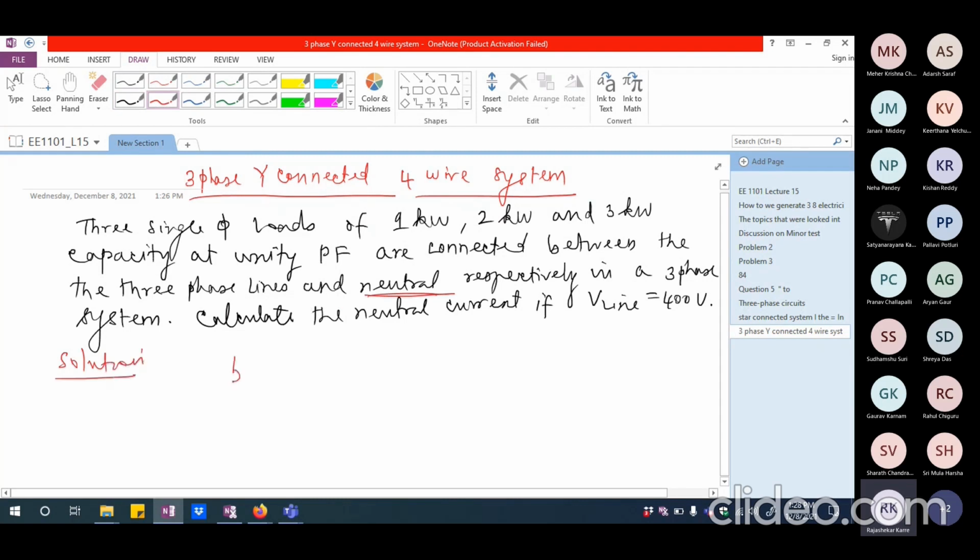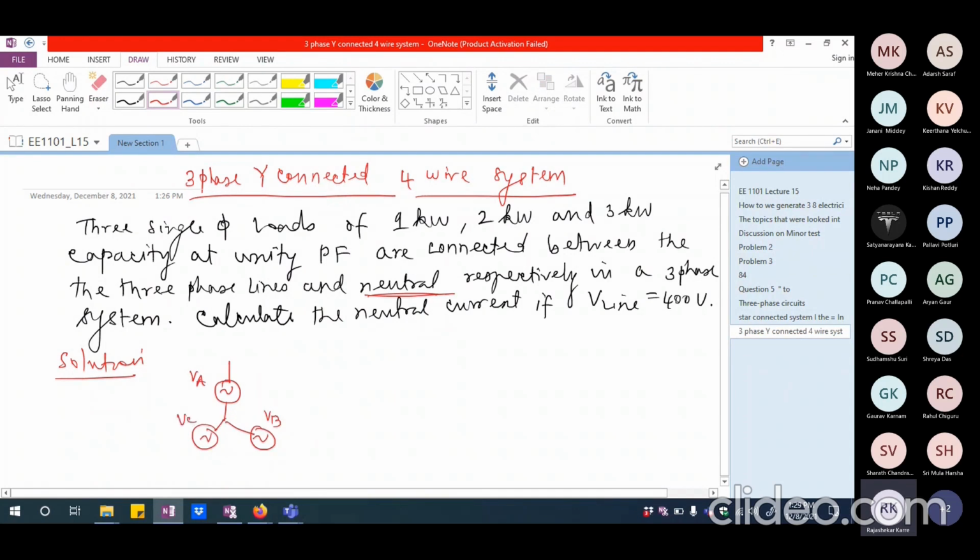So if I want to do the solution, the first thing I can think of is, let us say I have the first, second and third. These are the three supplies. I can represent it like this, or I can represent it this way also. I can talk about this as VA, this as VB, and this as VC.